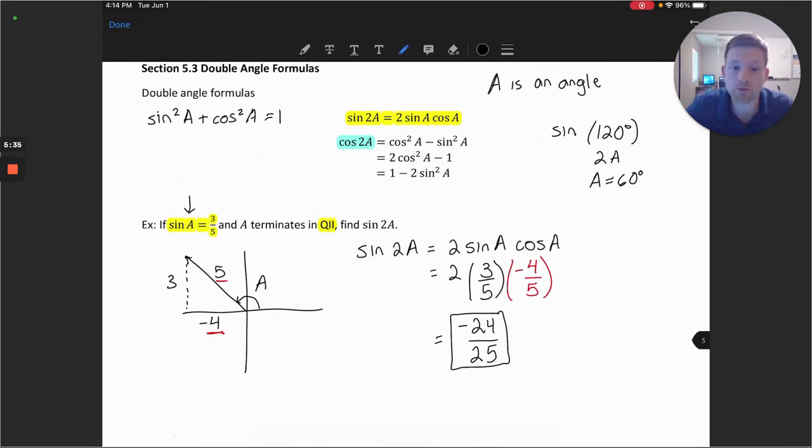Sometimes you already know sine of a or cosine of a in your problem, and so there's a nice advantage to using either the second or the third representation depending on what type of information the problem gives. So let's consider the next problem, and we'll be using the cosine of 2a formula in the next step.